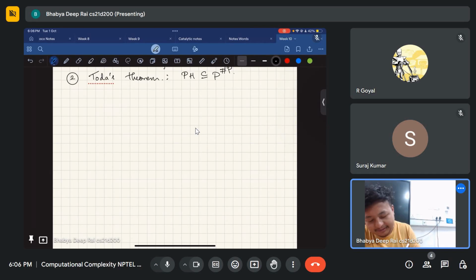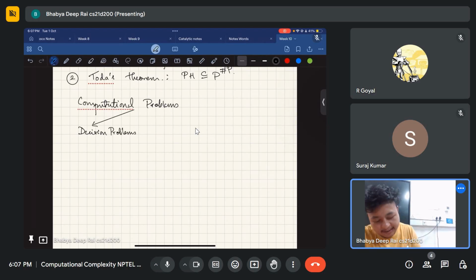But roughly we can categorize them into two types, and one is decision problems. Okay, and what are decision problems? They are yes or no questions.